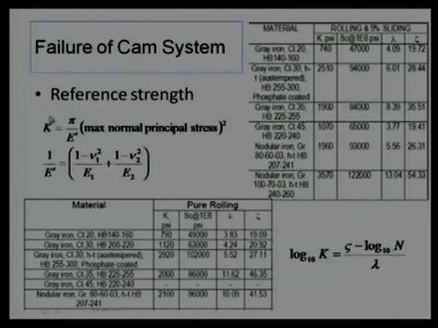From that we can find the value of k. Once the k value is known, and zeta and lambda are known for the material, I can find out the life in number of cycles. And if we know the rotational speed of the cam follower mechanism and how many hours it operates in a day, we can find out the life in number of days.